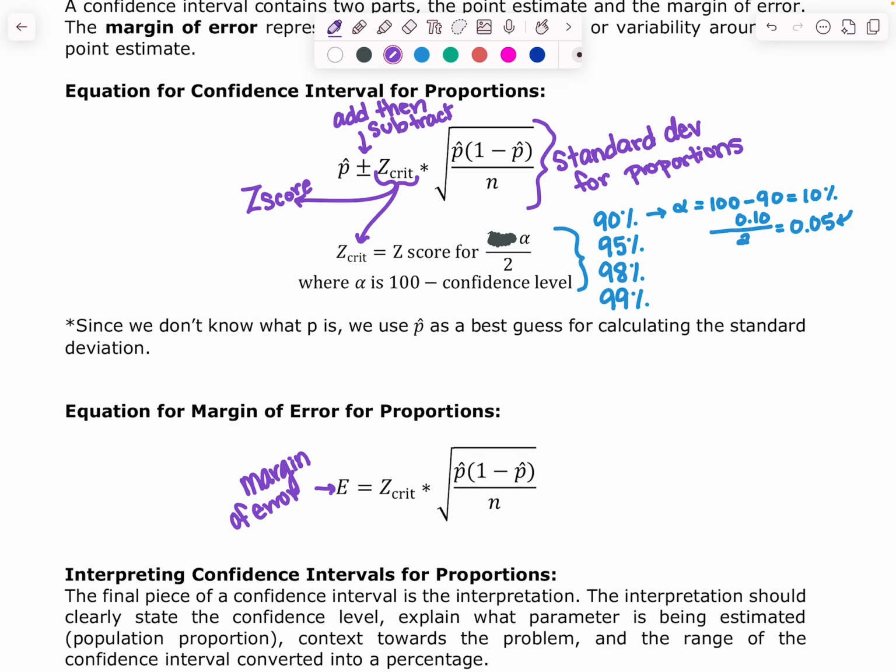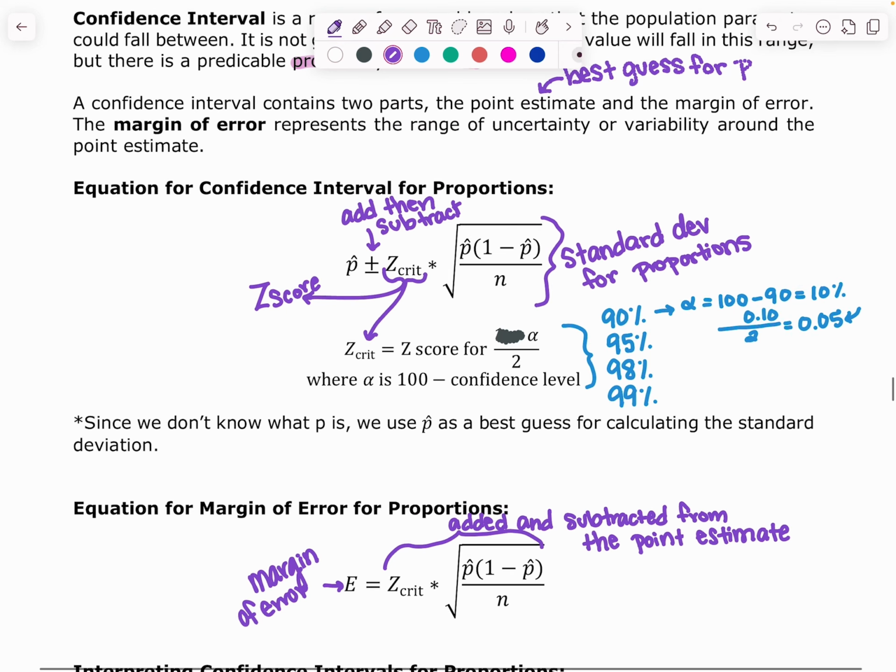It is also the piece that is added and subtracted from the point estimate. So these are the formulas that we are going to use to create our confidence interval and also to calculate margin of error.